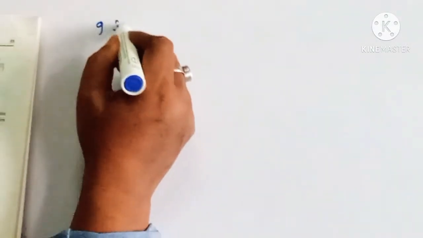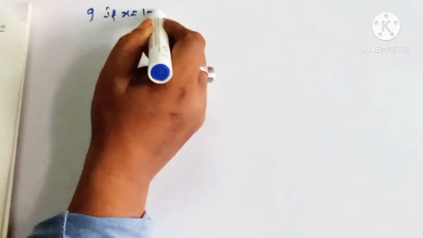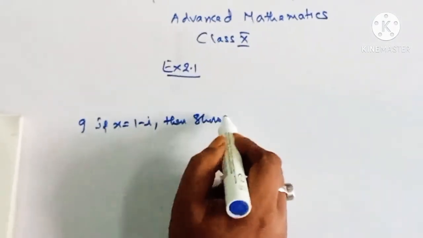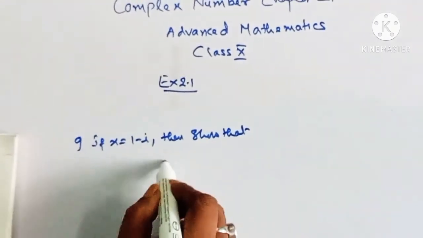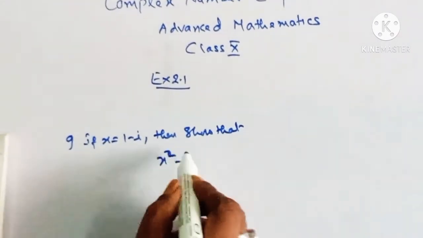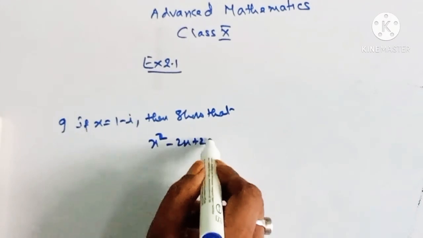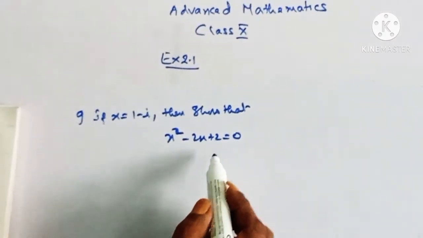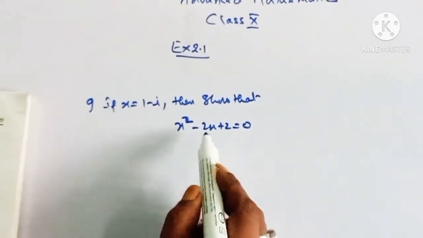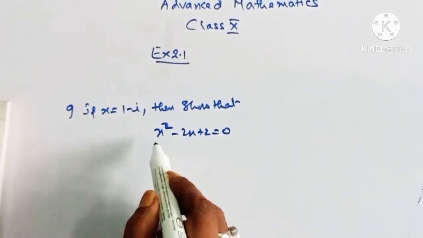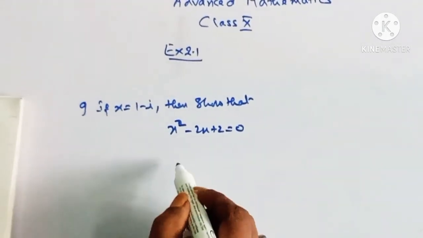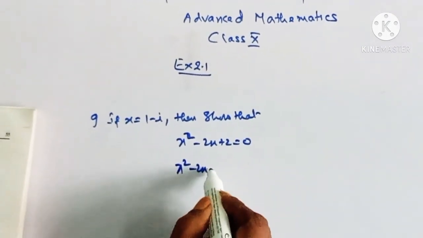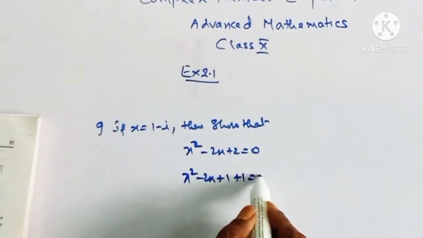If x equals 1 minus i, then prove that x square minus 2x plus 2 equals 0. So how to solve it? You can place the value of x and solve it, or there is also a way. x square minus 2x plus 1 equals 0.